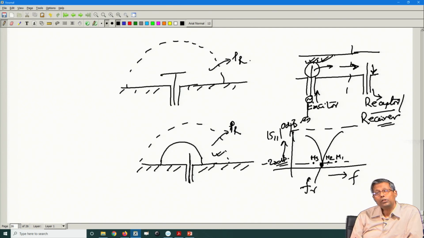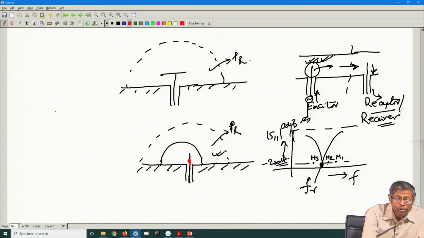And what is the Green's function? Just to give you a rough idea, if I take a unit impulse source here, I find the fields due to this unit impulse source. Why do we do this? Because I do not know the current on this probe a priori.